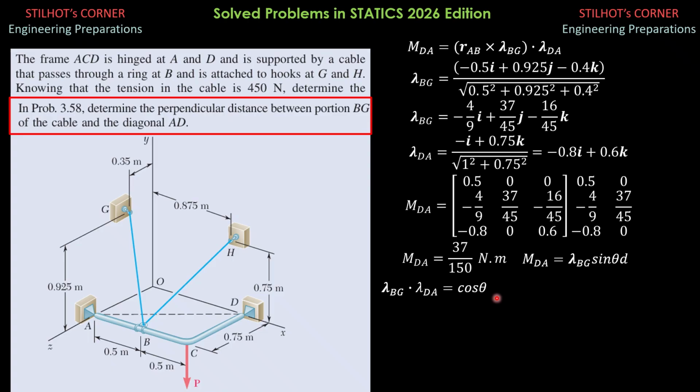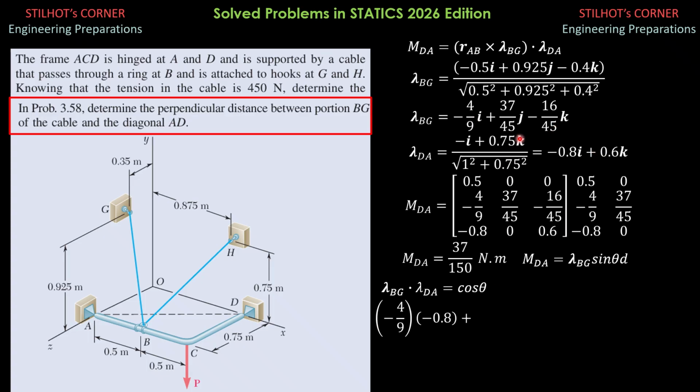Remember? So lambda BG dot lambda DA is, we have negative 4 over 9 times negative 0.8, then plus negative 16 over 45 times 0.6, equals cosine theta.